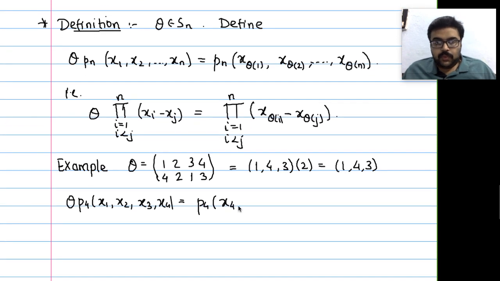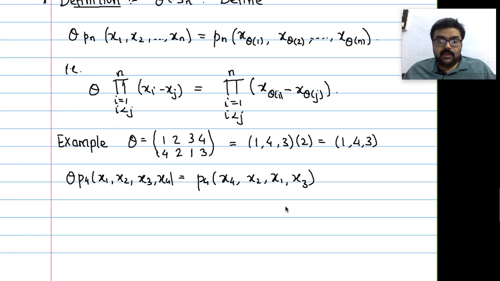What about x2? 2 goes to 2, so x2 remains as it is. Then 3 goes to 1, so x3 will be replaced by x1. And finally 4 goes to 3, so x4 is replaced by x3. So again we have x1, x2, x3, x4 only, but the order has interchanged. Theta has replaced this.